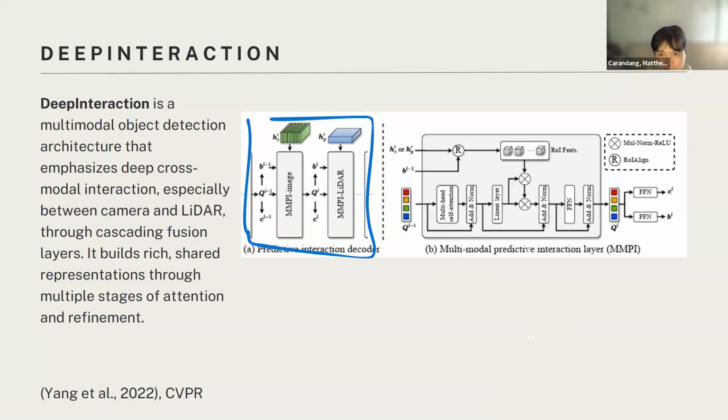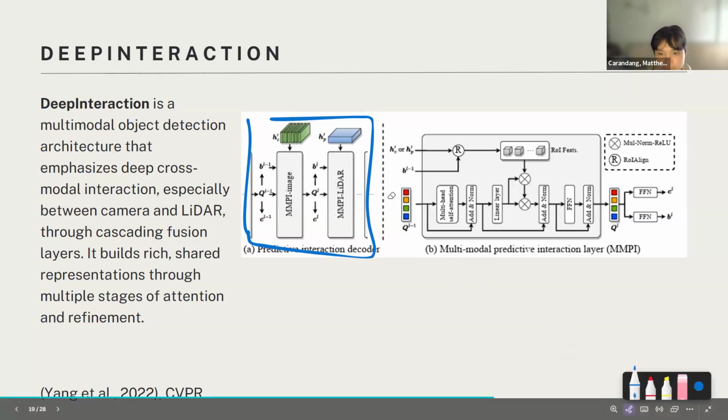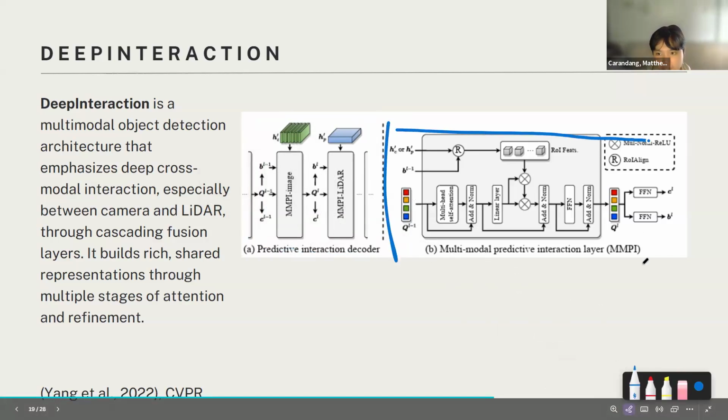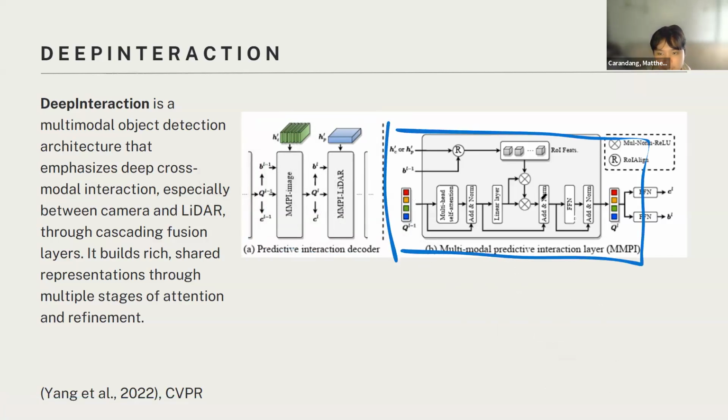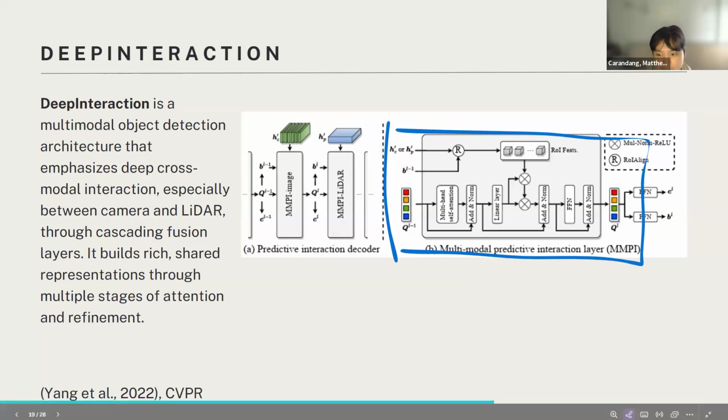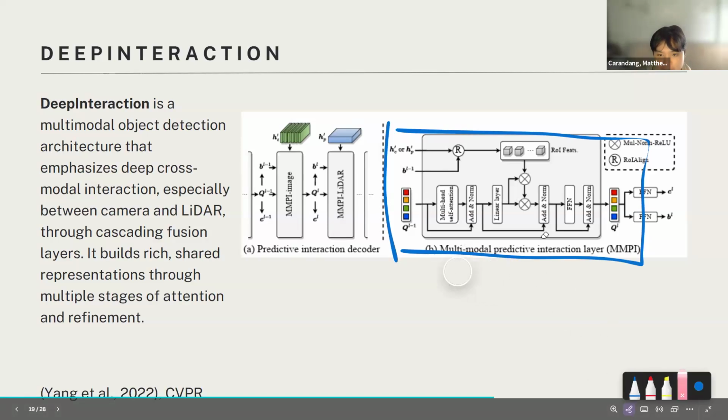And then as for the B portion, this would be basically how it is fused in the pipeline and outputted in the detection head.